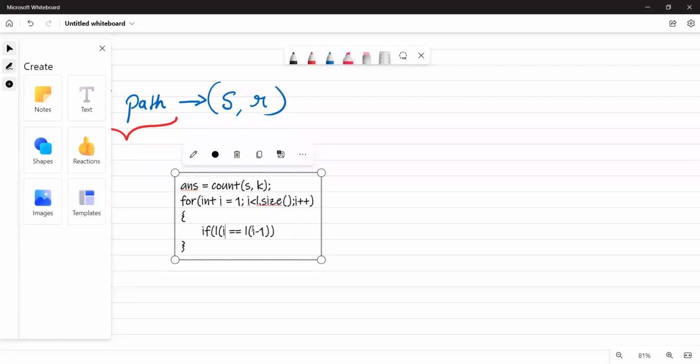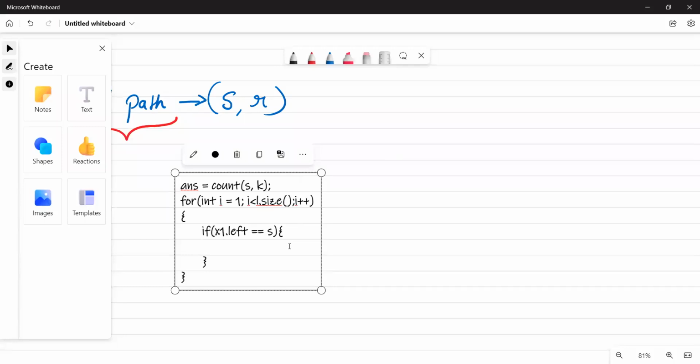I'll just mention it in a simple way. Let's suppose the above element we just discussed is x1. If x1 dot left is equal to source node, that means your source node is lying on the left side of x1. This indicates that you need to find your answer on the right hand side. Yes or no? Yes.